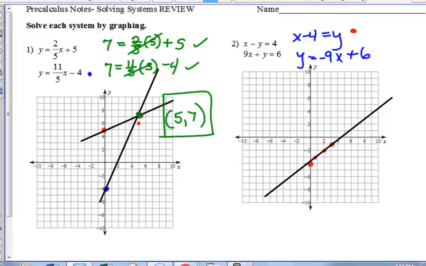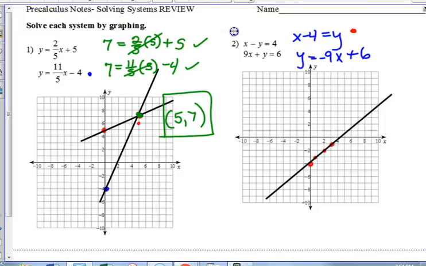Something like that. Right, then the other one starts at 6 and goes down 9 and over 1.